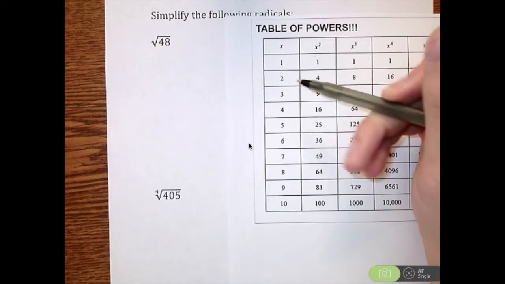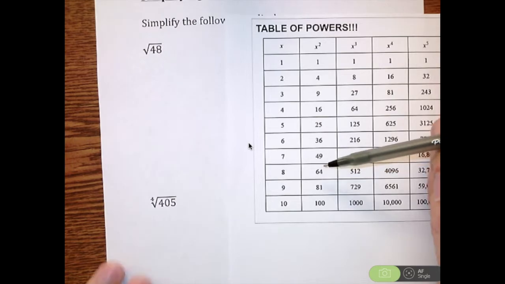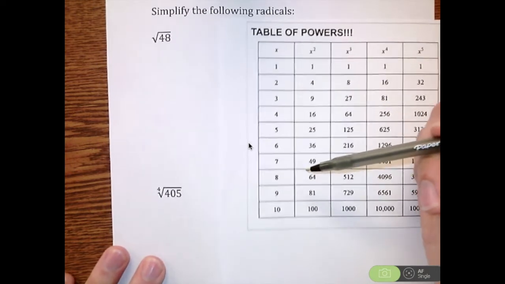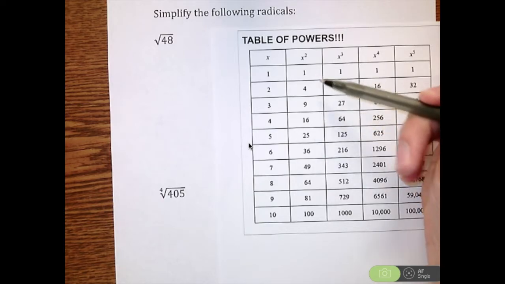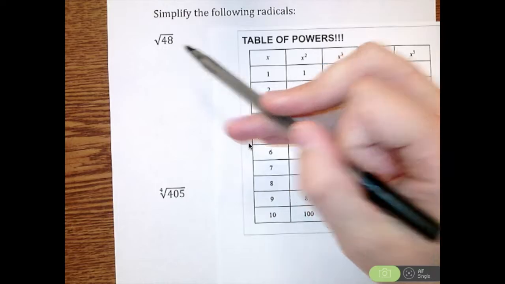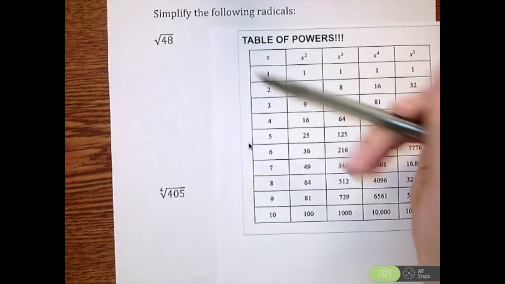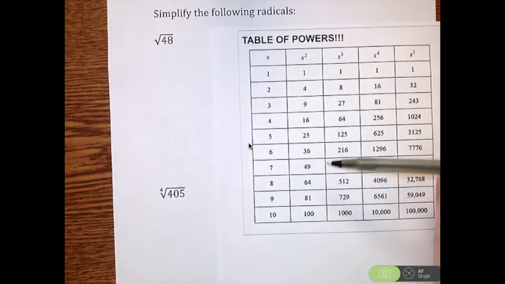Obviously, we don't see 48 in there. So the key piece here, and this is very, very important, it's how we work all of these problems, is we want to find the largest number here that can perfectly divide into 48.